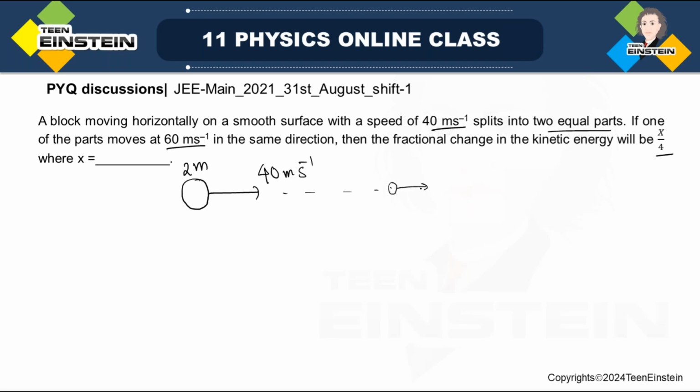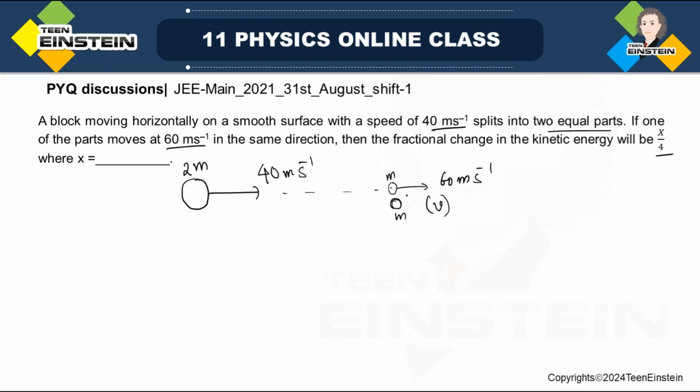One goes like this, and the other one, we don't know in which direction it is going. We'll check it. It breaks into two equal masses, so it is m, and this is also m. This one is moving with 60 meter per second. We don't know the velocity of the other one, so let me take it to be v.